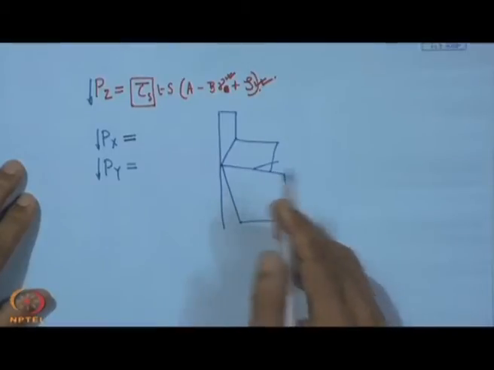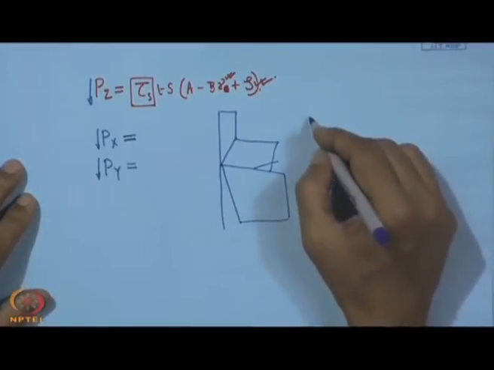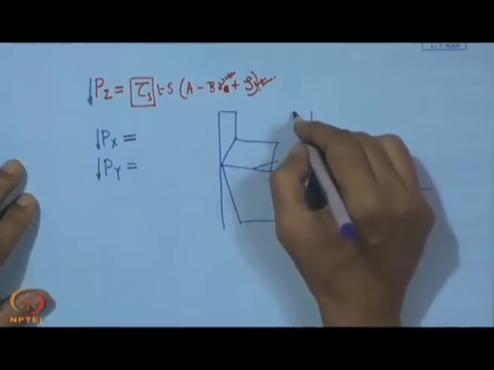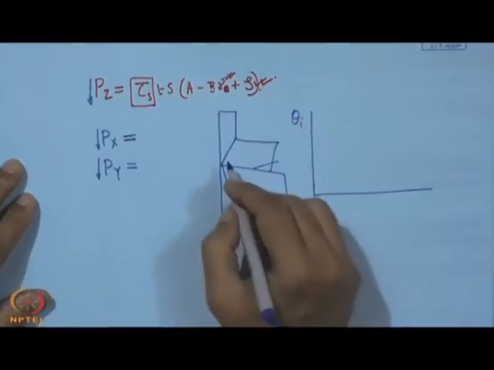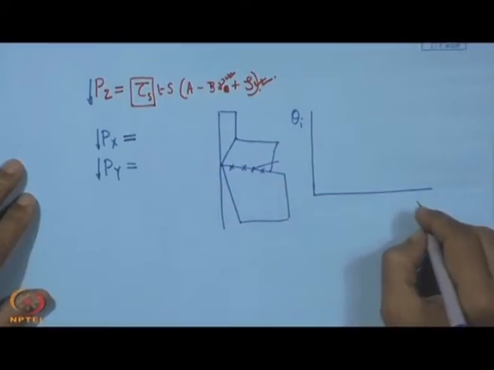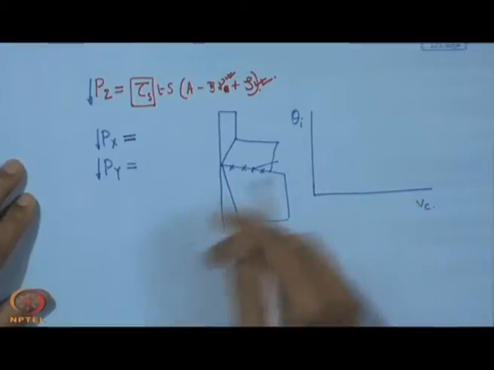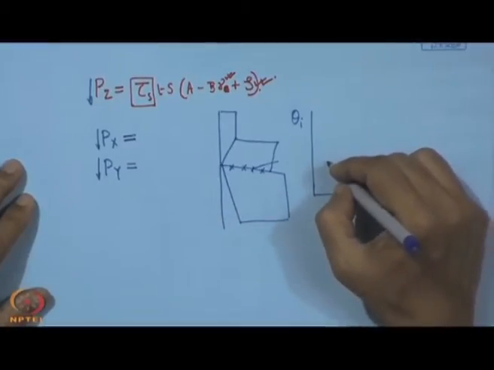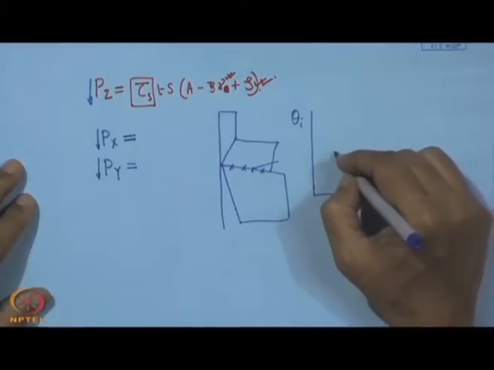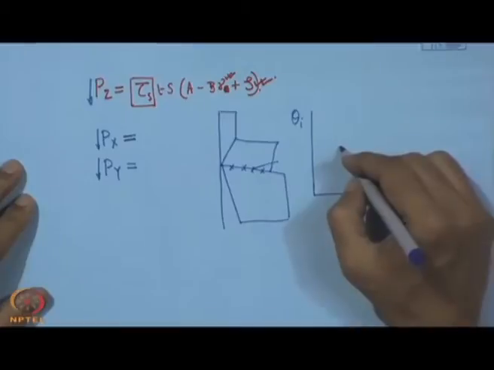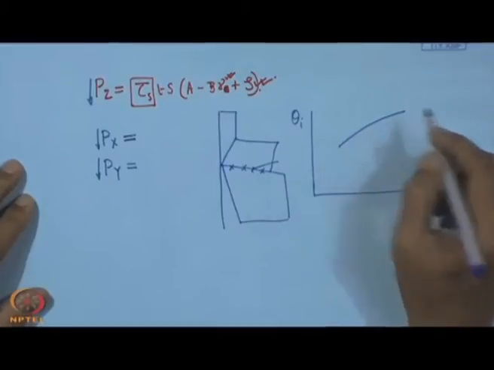should be brought down. So, this could be another study, to plot this value of theta I, that means the interface temperature at this zone, against the velocity V c or other parameters. Then we can see that the temperature, depending upon the speed range of operation, goes like this.